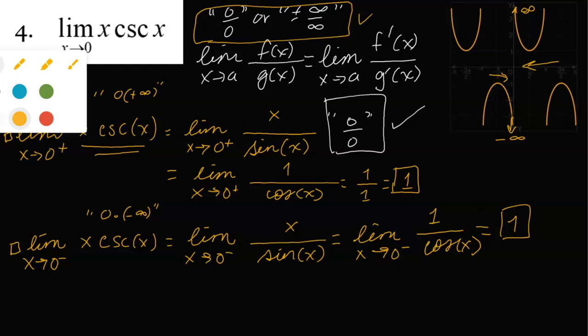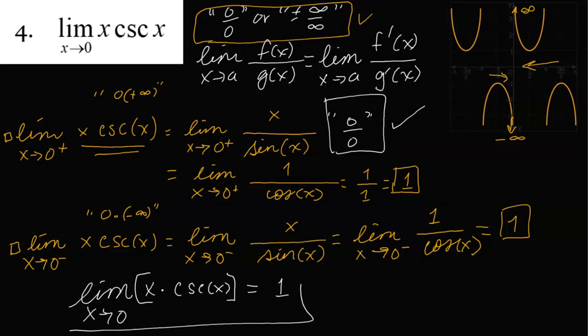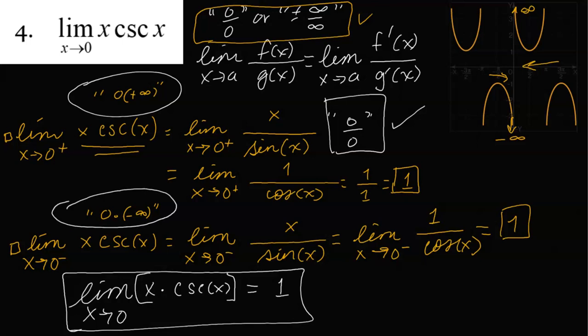Then I can say that the limit as x goes to 0 of x multiplied by cosecant of x is equal to 1. And that is the limit. So when it's not of the form that we are allowed, we need to rewrite it so that it becomes the form that we can use.